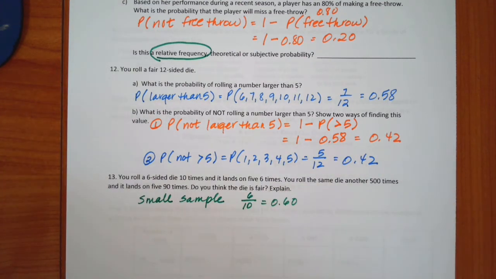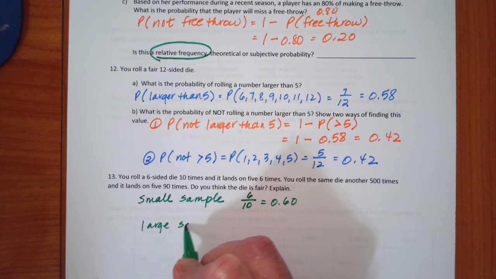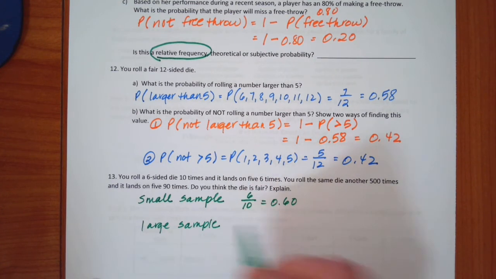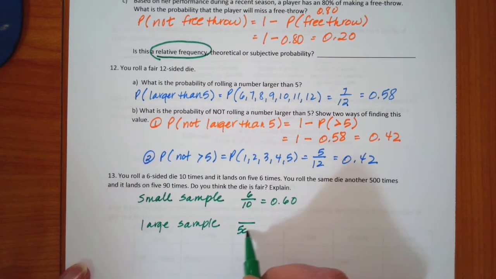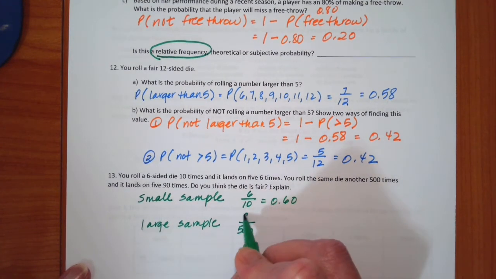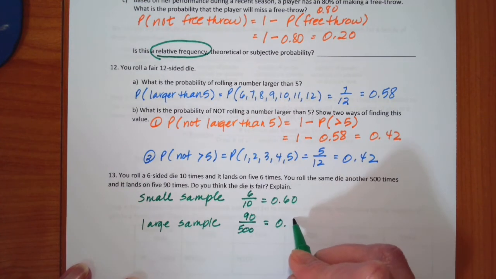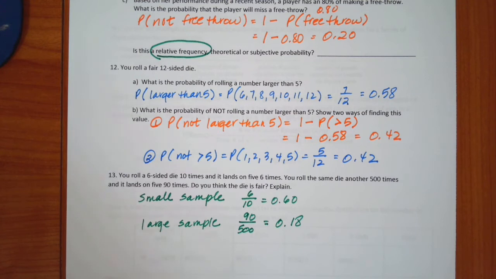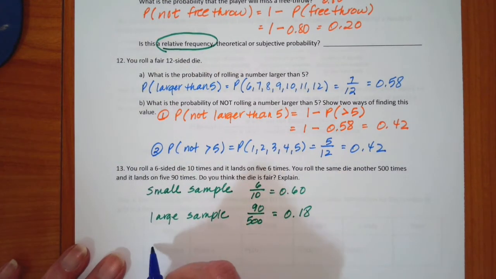Okay. Then the large sample. Well, we knew we had 500 rolls and it landed on a 5 90 times. That becomes 0.18. Well, let's compare those now to the theoretical.